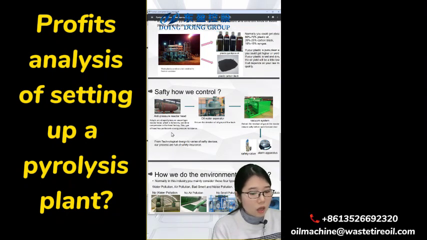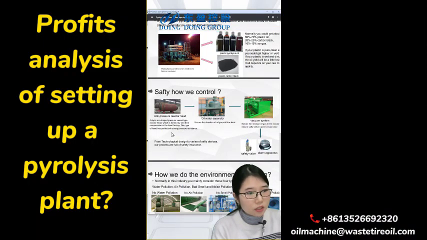And then when the machine is running, we also have the oil water separator, which can prevent the oil gas backflow, which can ensure the safety of the whole operation.